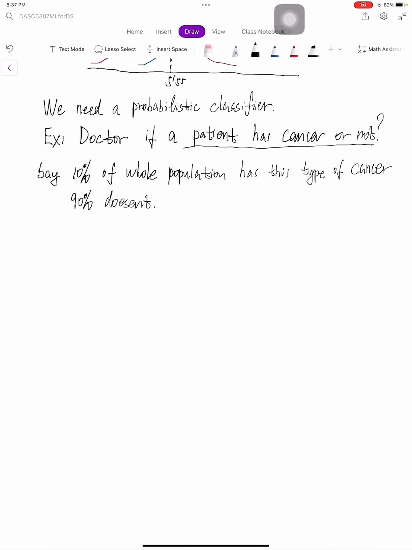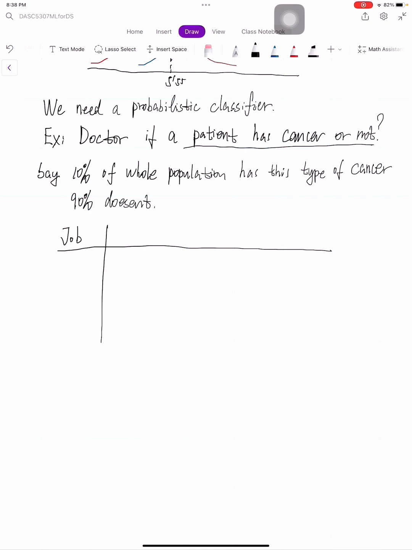And furthermore, based on the doctor's further experience, he gets some more data too.